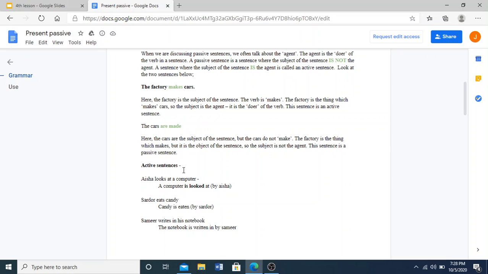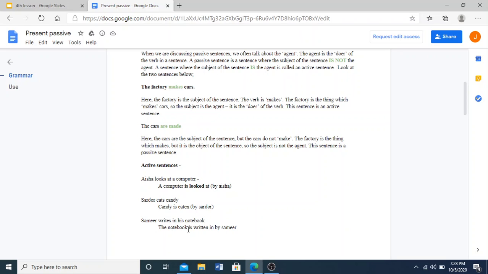Now, active sentences. Aisha looks at a computer. The computer is looked at by Aisha. It tells us who is doing the action. Sardor eats candy. The candy is eaten by Sardor. It tells us who does what.